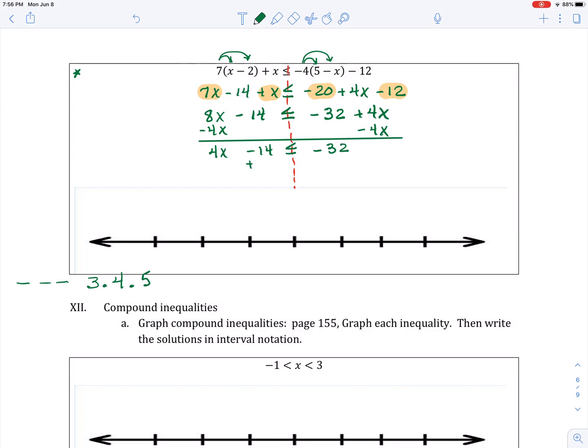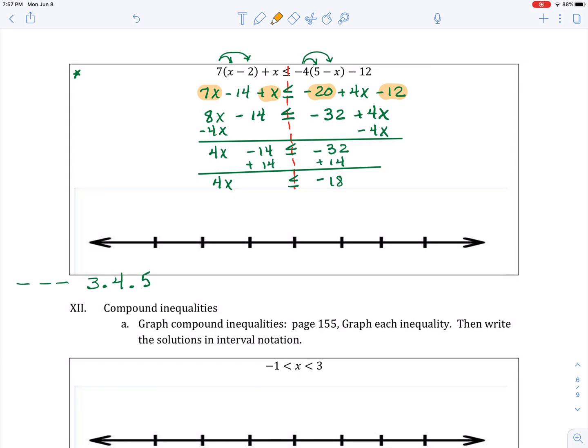And then I'm going to add this 14 to both sides so that I can get all the constant terms together on one side. What is that? 14, 24, 34, 18, negative 18, I think. Yeah, that looks right. Again, be careful here when you come to this division step.